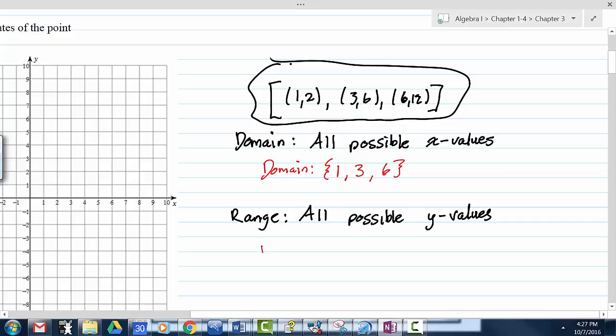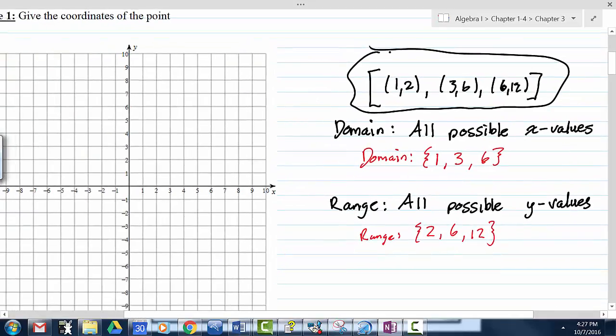The range, though, would be 2, 6, and 12. So you see where the domain is, you see where the range is. Now, if I plotted this on a graph, all you have is (1, 2), (3, 6), and well, (6, 12). (6, 12) will be like up here somewhere.